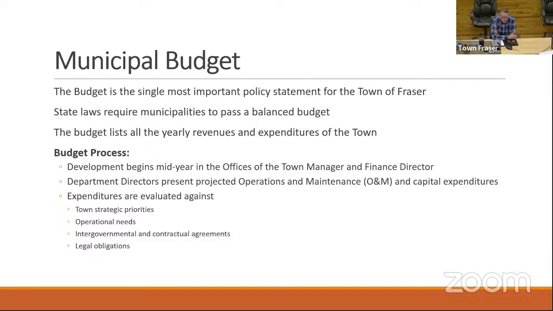We have an obligation to submit a proposed draft budget to the Department of Local Affairs by the 15th of October each year. And statutorily, we have to pass a budget and get that to the state by the 15th of December each year, or excuse me, the 31st of December. So that's the budget process.